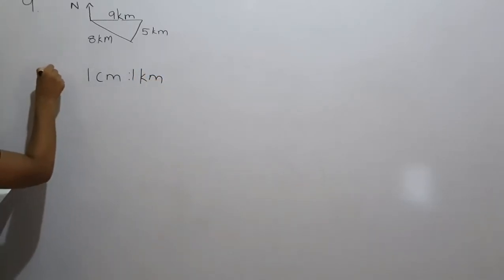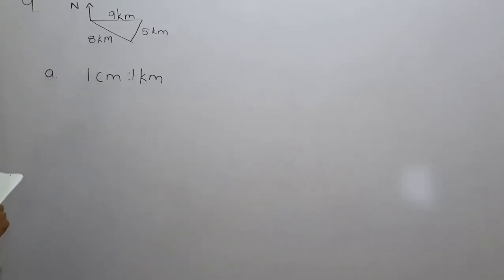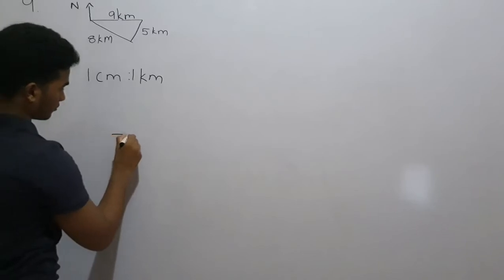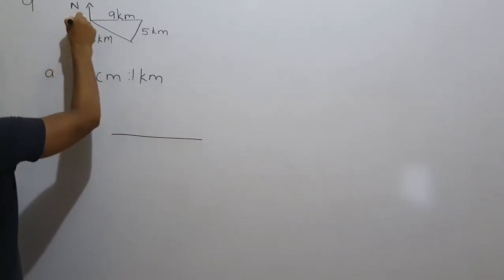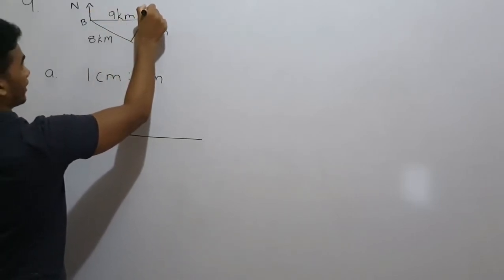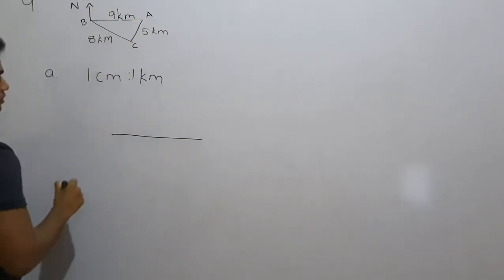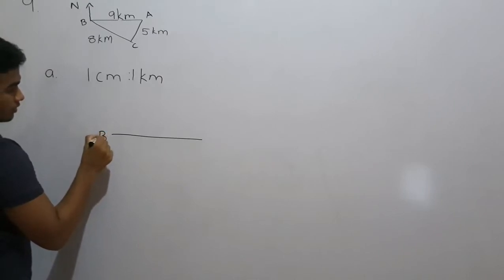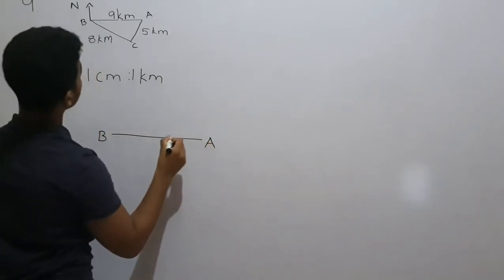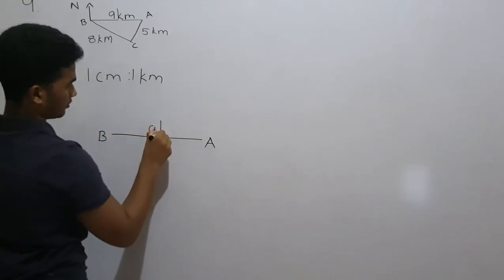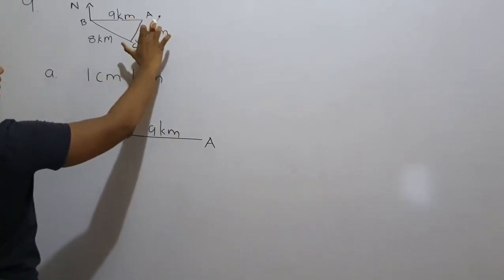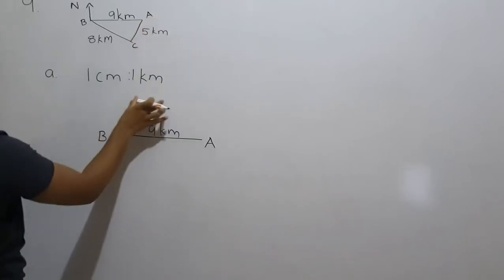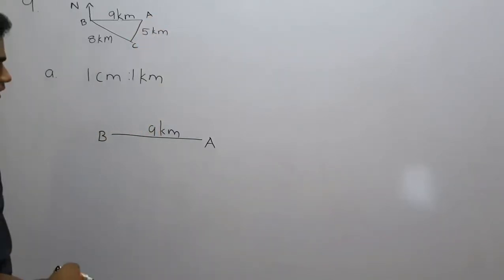This is part A. They have given the AB line. This is B, this is A, and this is C. So B, A is 9 kilometers. To draw the AC line, 5 kilometers is 5 centimeters.